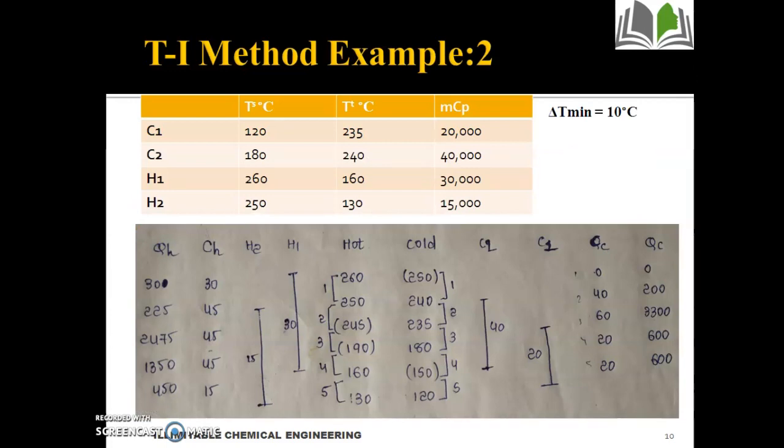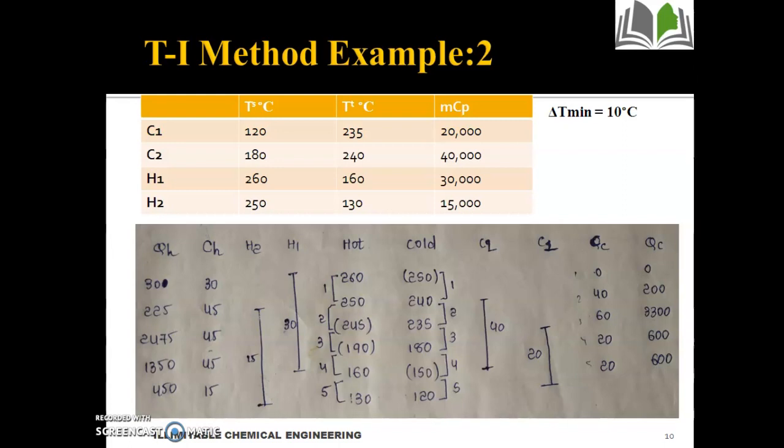In Seader and Seader, the first temperature interval method that I have already explained is given. But in the second book, Biegler, another method for solving the temperature interval method is given. Any one of the methods you can use. This is the second example, given in the Biegler book.